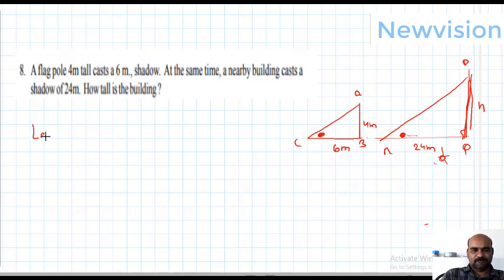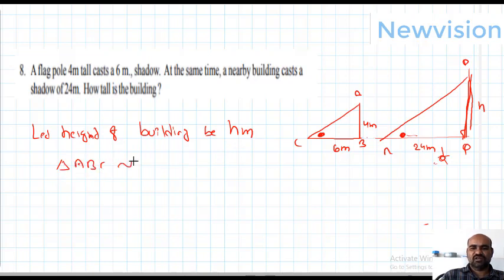Let the height of the building be H meters. Triangle ABC is similar to triangle PQR. From AA similarity, in two similar triangles corresponding sides are in proportion.